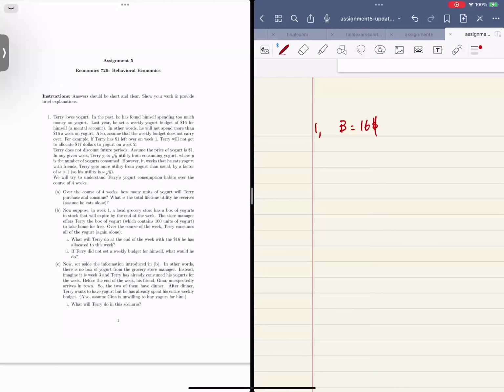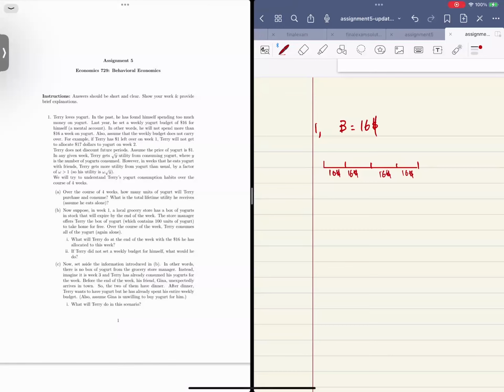Okay, so every week, I'm going to draw something pictorial to represent this. So you have $16 every week, and then you're not allowed to borrow or save for a different period. Okay.